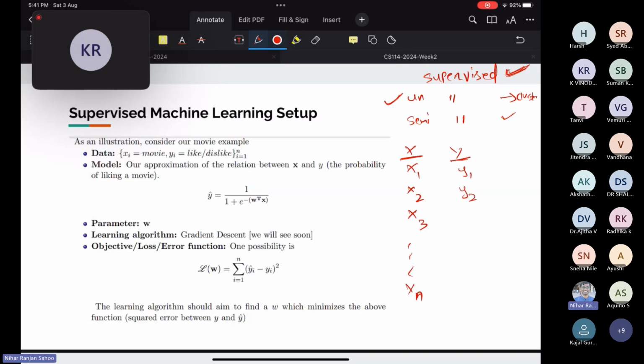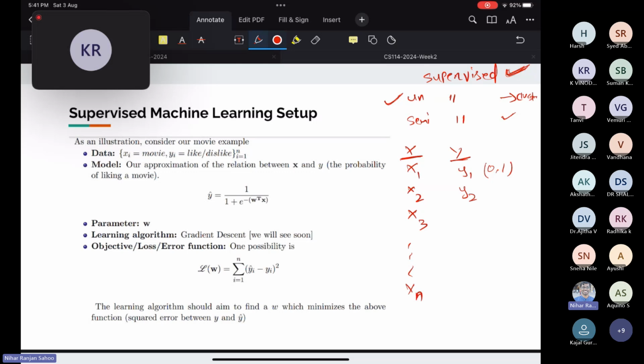This y label, if it is binary in nature, can be 0 or 1. If it is a multi-class problem, then it can be 0, 1, 2, 3, whatever, depending on the number of classes. Let's say the task is to classify digits, given an image, which digit it corresponds to.